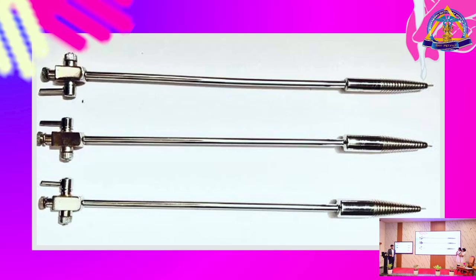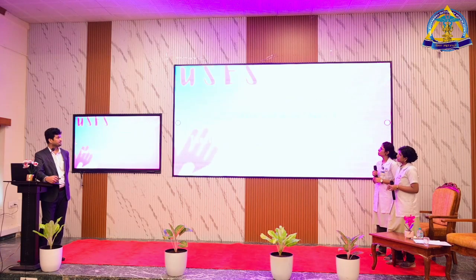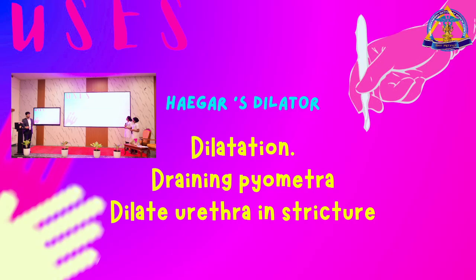We will inject the radiopaque dye, and with the help of the screw we will screw onto the cervix so that the dye won't come out, and then we will look for hysterosalpingography. Otherwise it will be painful. Other cannulas like the IUI cannula and Cook's cannula can also be used, and even for HSG.